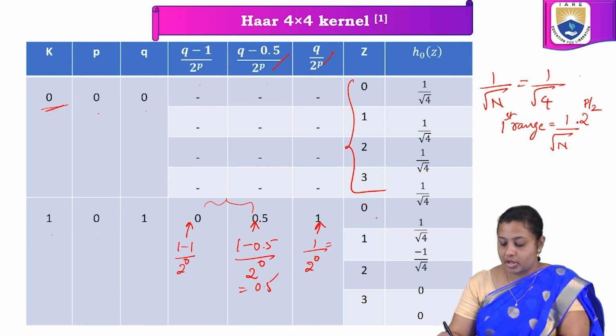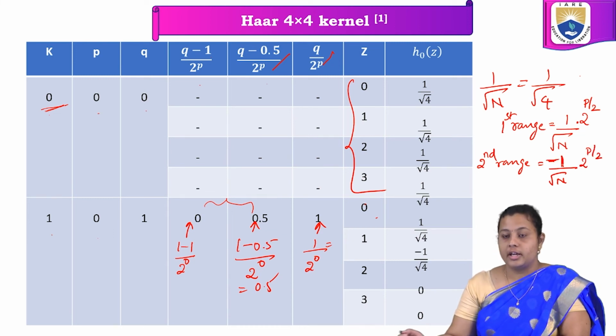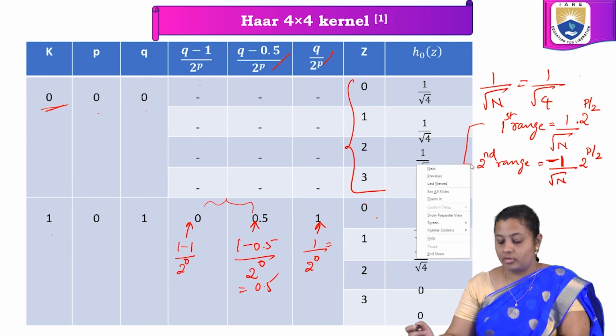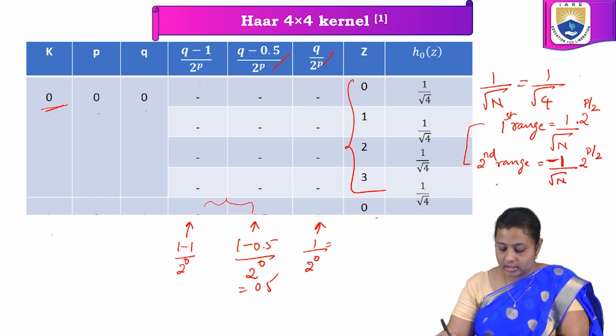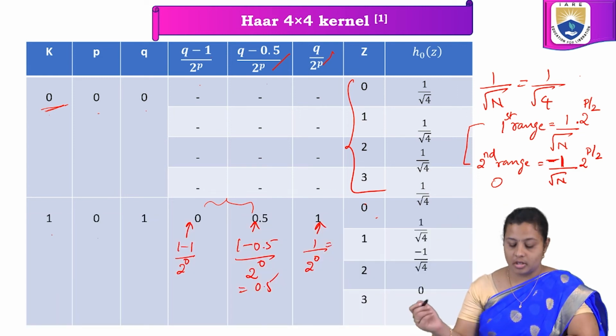If it is falling in the second range, I can write it as 1 by square root of n into 2^(P/2) with a negative sign. If it is not falling in either of these two conditions, I can take it as 0. So this is the coefficient matrix.